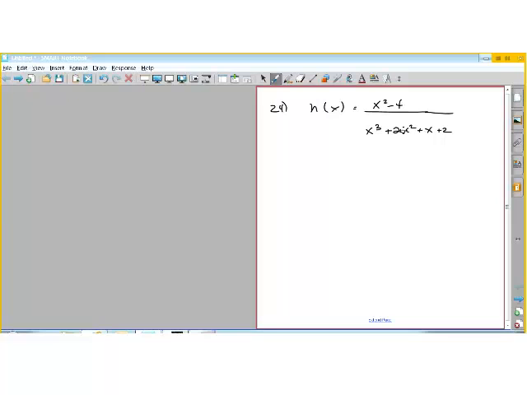So the question is, can you factor the denominator? This probably wouldn't be obvious to you, but since I've done these a few times.